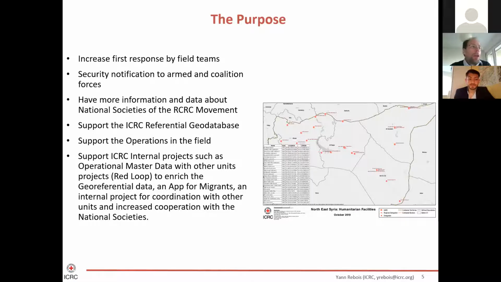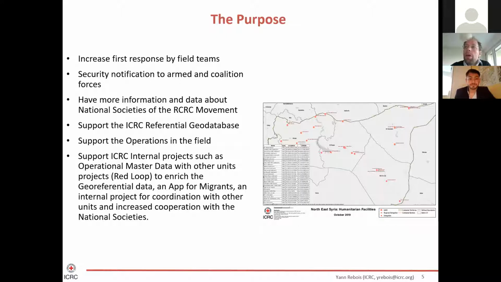And last but not least, we have two projects at the ICRC. The first one is called Red Loop, related to the cooperation division, where they are collecting data, and whenever there is some transaction between the different national societies, they are enriching a database. And another aspect, we are developing an application for beneficiaries.